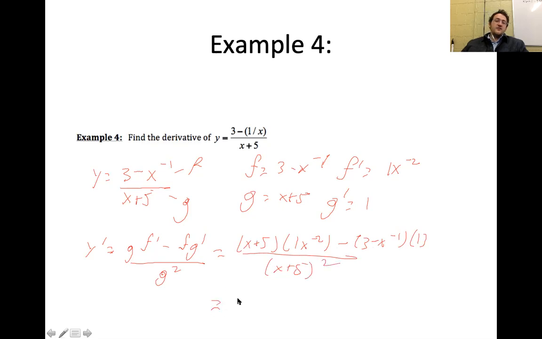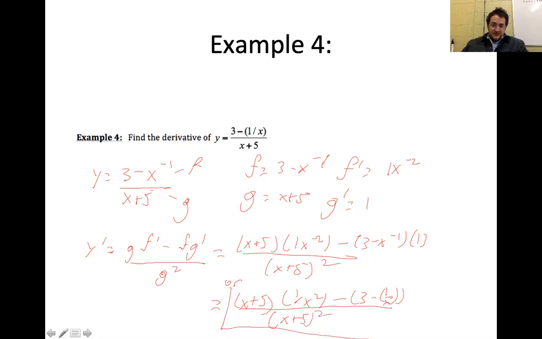Now, if I don't want fractional exponents, you can just get rid of those and call this 1 over x squared. And then on this one, I would just call it 3 minus 1 over x, kind of the way that it was written, times 1. That just doesn't really change anything.